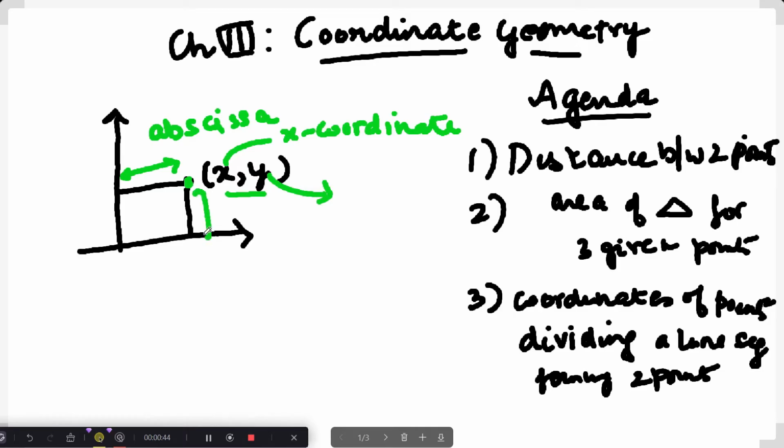And the distance of the point from the x-axis is known as the y coordinate, or ordinate. So this is something which we have already studied, right?